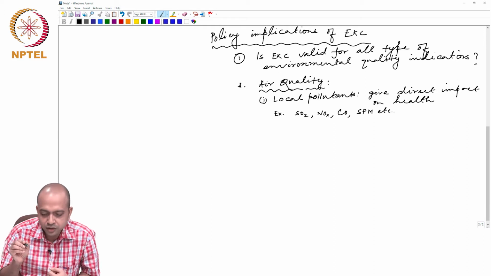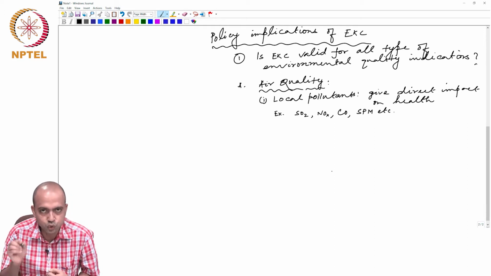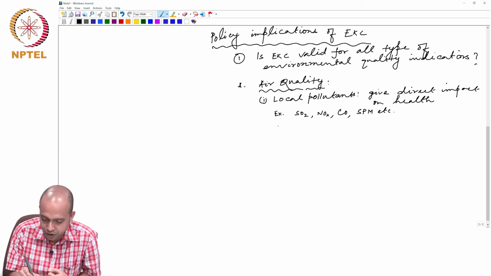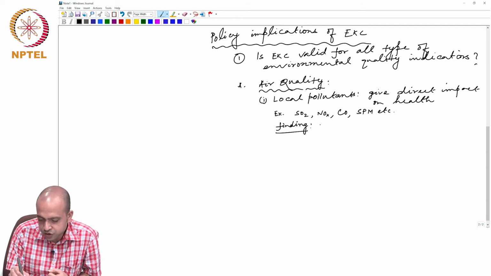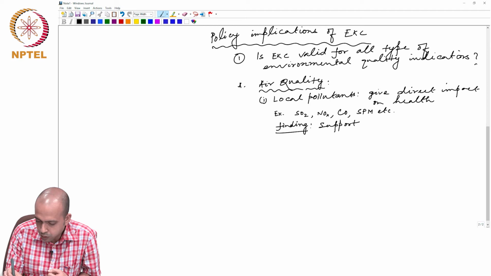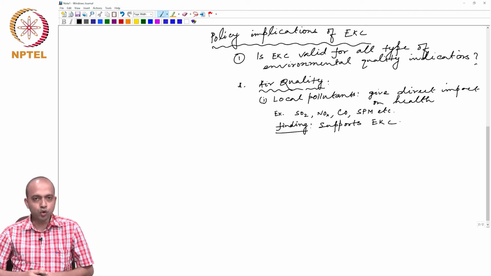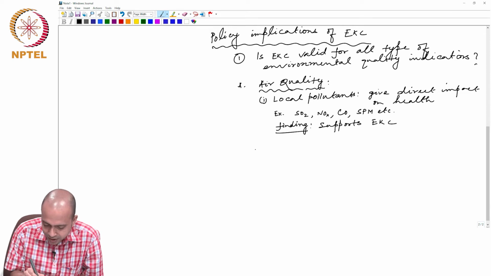And when these types of indicators are used to measure environmental quality, the finding supports EKC. So, that means for local pollutants the EKC hypothesis is valid, right. And the second type of pollutant is global pollutant.